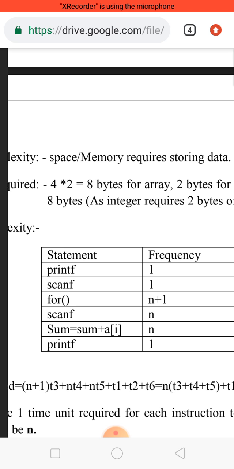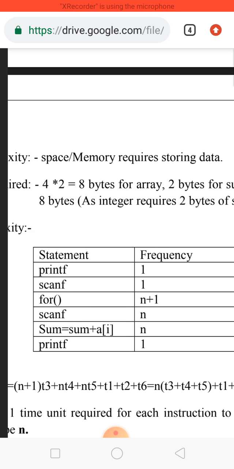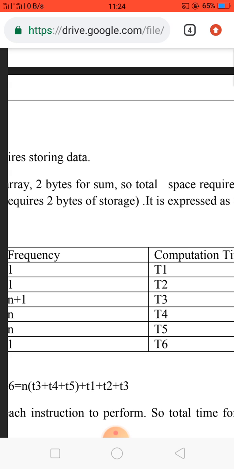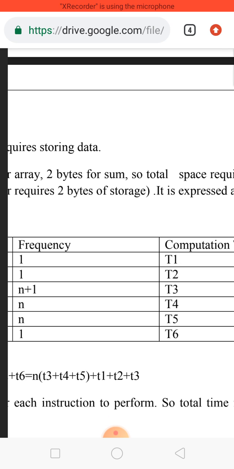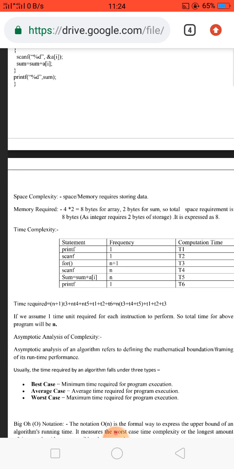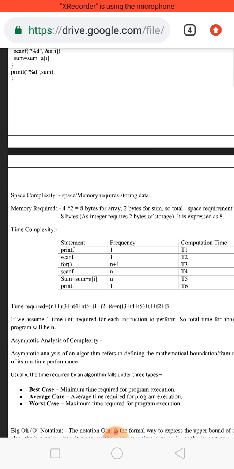So the frequency counts are 1, 1, n plus 1, n, n, 1, and the computation times are t1, t2, t3, t4, t5, t6, some time units. So the time required to perform the algorithm is n plus 1 into t3, plus n into t4, plus n into t5, plus t1 plus t2 plus t6.